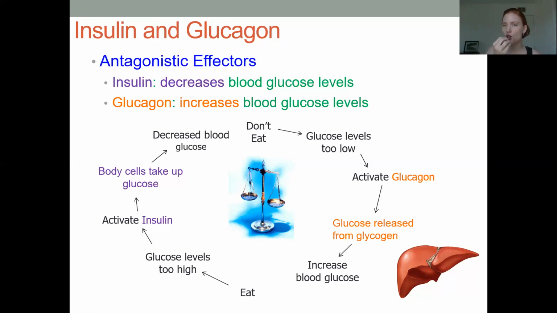That allows the glucose to go into the cells, thereby decreasing the blood glucose levels back down, because the cells are going to use that glucose for their metabolism to create energy, ATP. Okay, so these would be antagonistic effectors, because insulin decreases blood glucose levels, whereas glucagon increases blood glucose levels. So they work against each other.